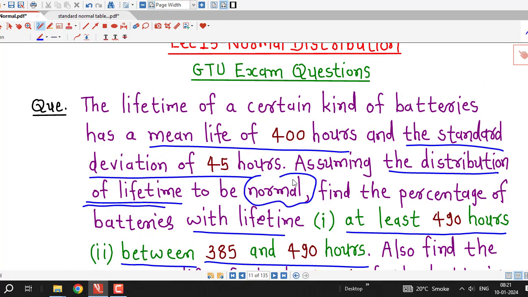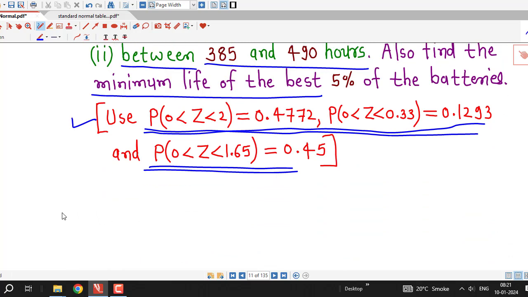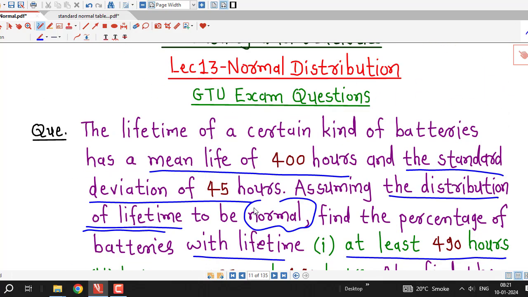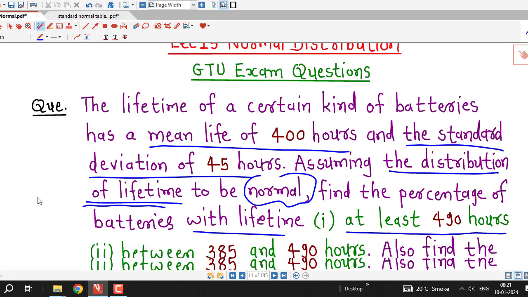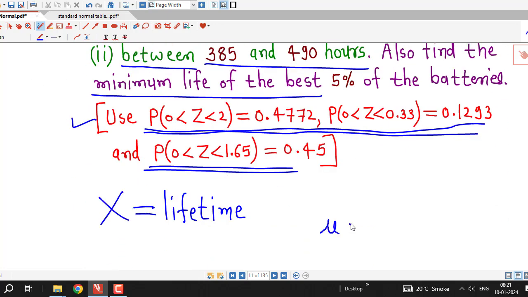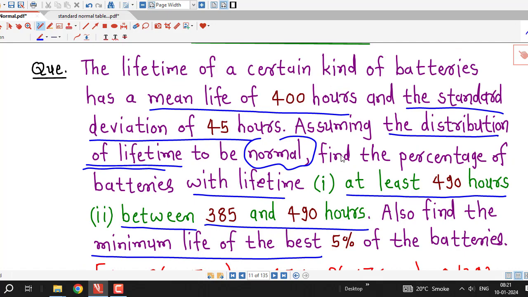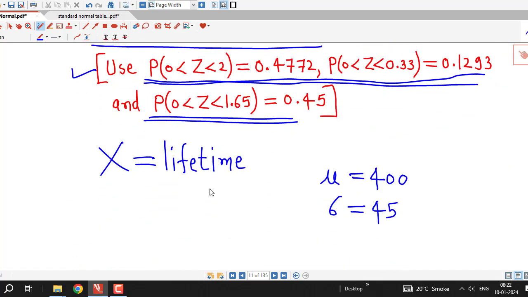So we don't have to decide which distribution this problem is of. It is already given that our normal random variable is nothing but lifetime of certain kind of batteries, and the mean of this random variable is 400 hours and the standard deviation is 45 hours, and this distribution follows normal distribution.